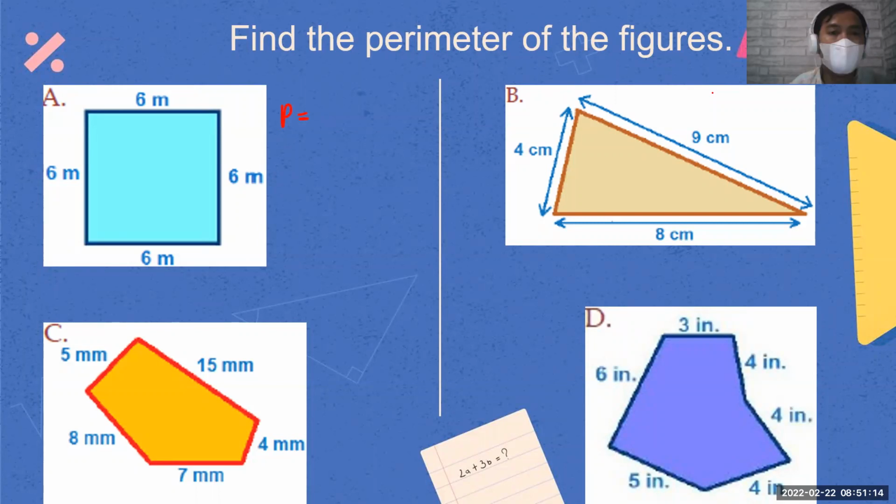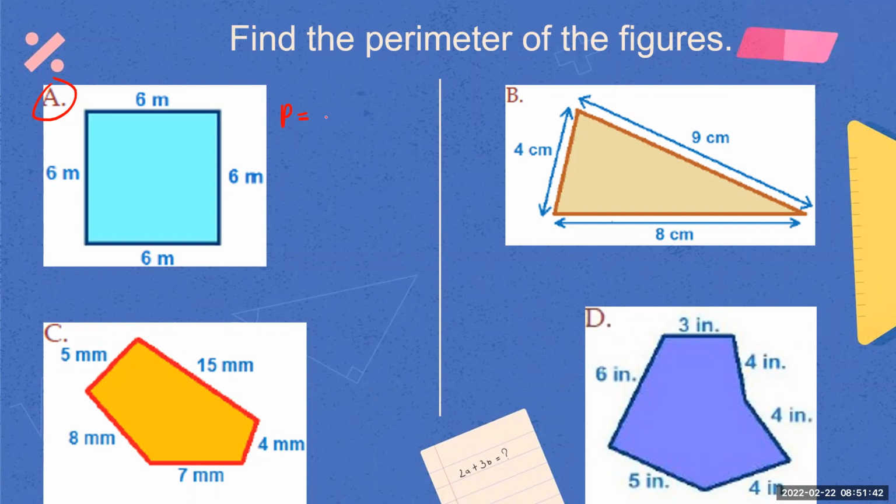Kiko, the first one. What is the perimeter of the shape? The first, the A. 24, Pak.